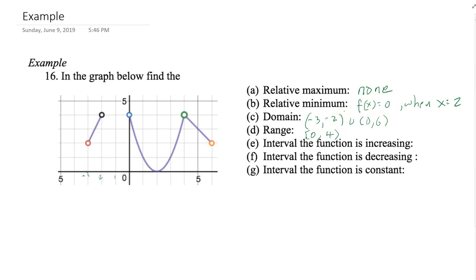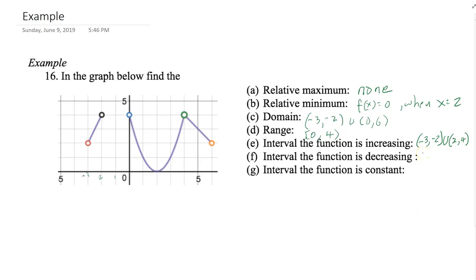The interval on which the function is increasing will be from -3 to -2. And notice we're just using x values here, and then we will union 2 to 4. Notice that we will always use parentheses for intervals where we're increasing or decreasing as well.